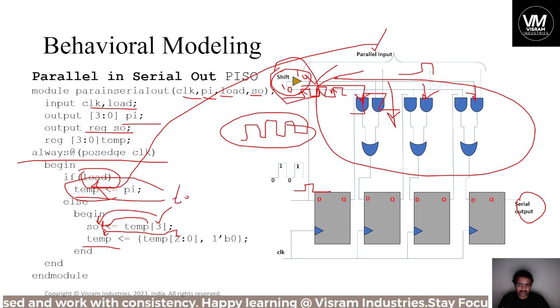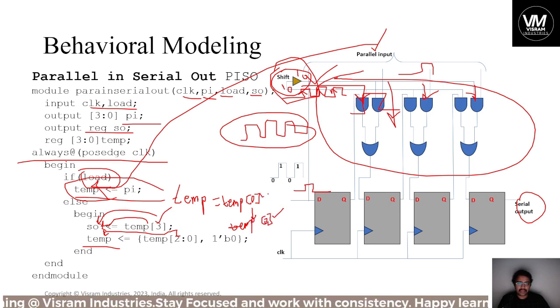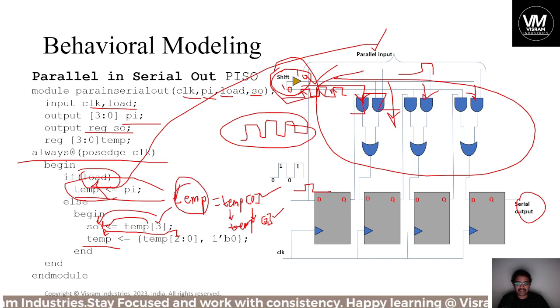Here don't get confused again. Temp is nothing but a temp array from 0 to 3. This is how a variable or an array or the temporary variable can be represented from 0, 1, 2 and 3. So hence all these values will be the same.